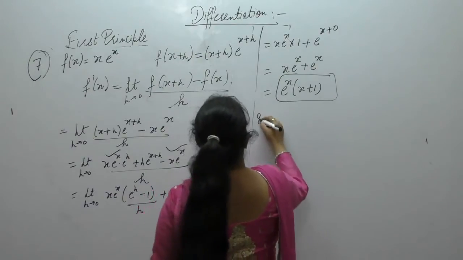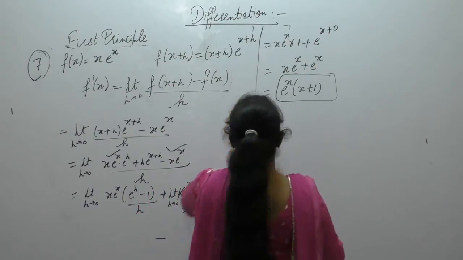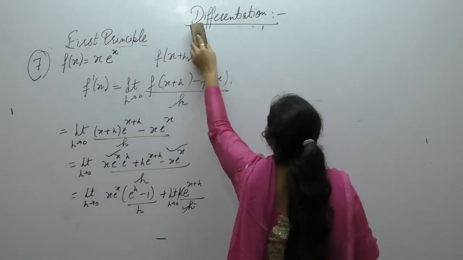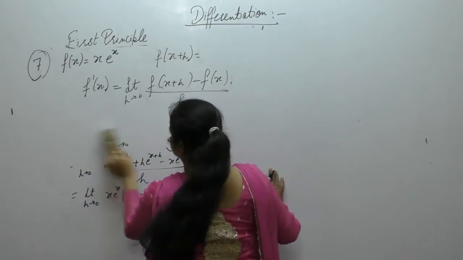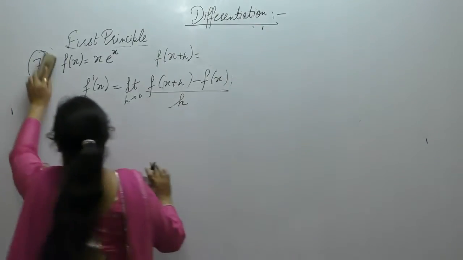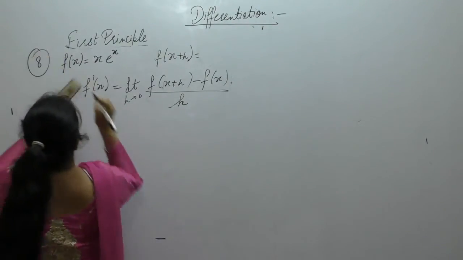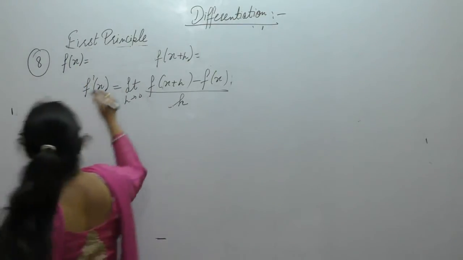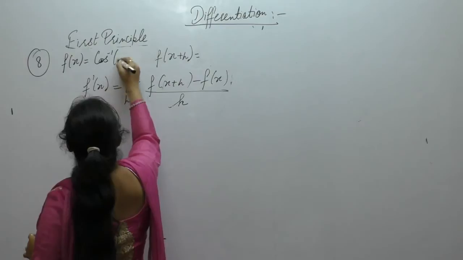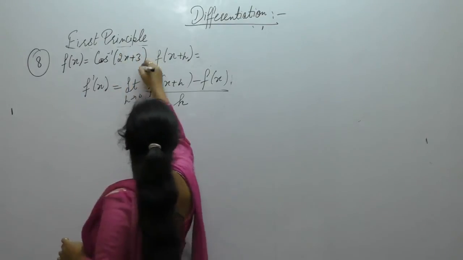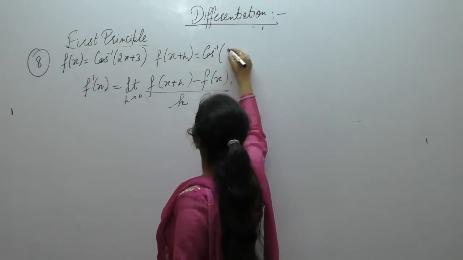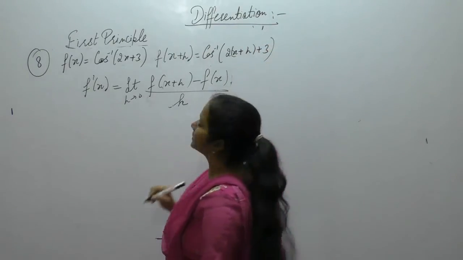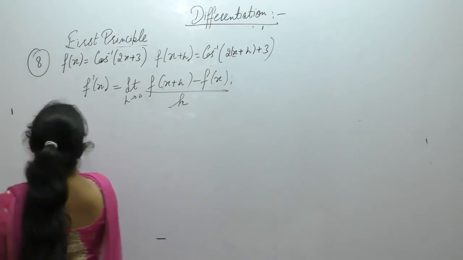Now the next one is f of x is equals to cos inverse (2x plus 3). Cos inverse (2(x plus h) plus 3). Now put the values here.